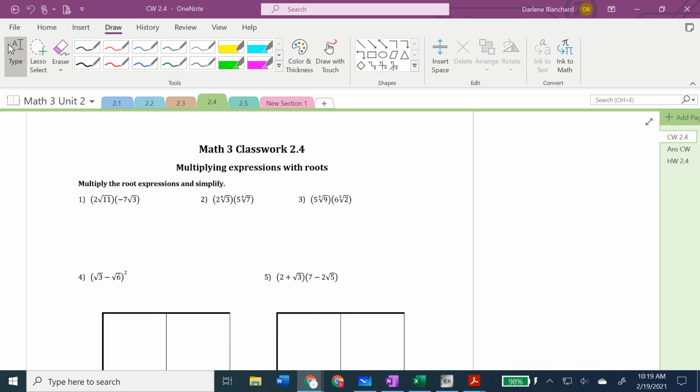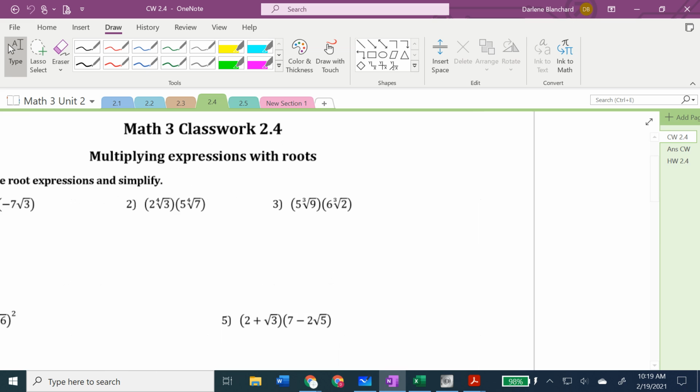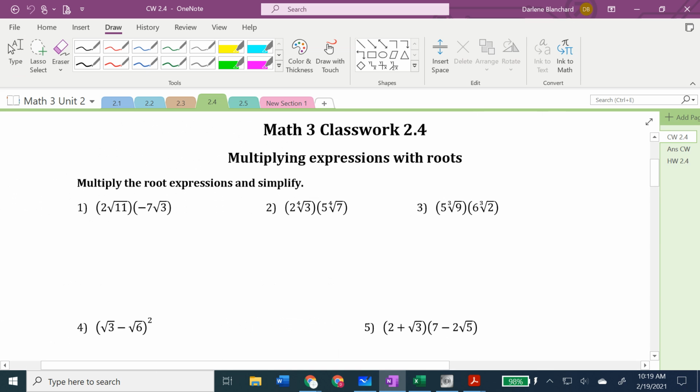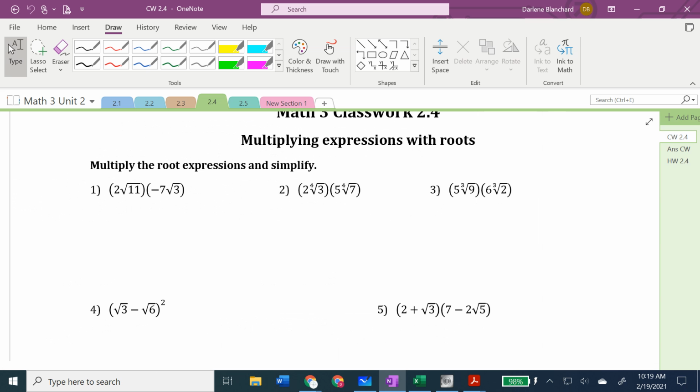Classwork 2-4. We are going to now look at multiplication with roots. We're going to start off with number 1. What I want you to see with number 1 is you know that side-by-side parentheses means multiplication.